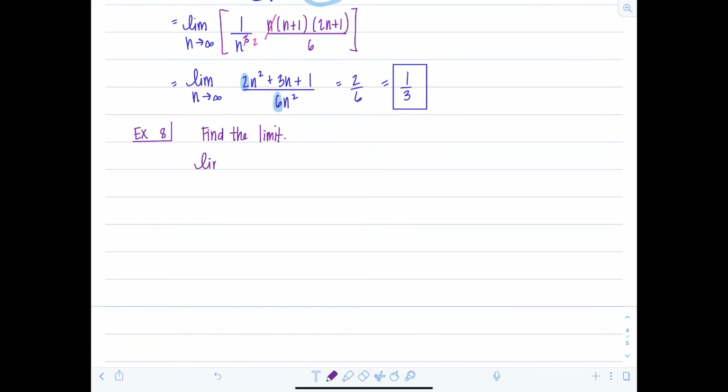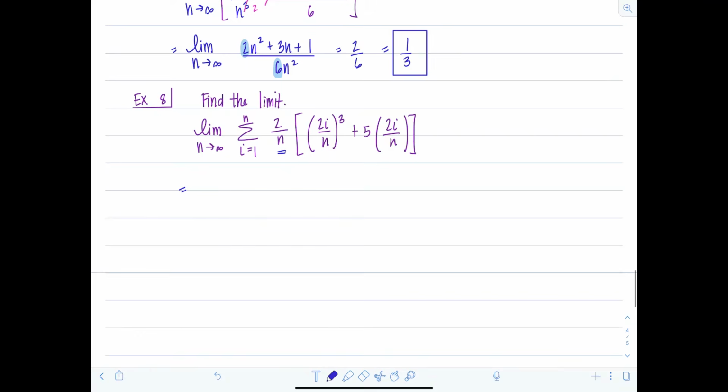So we have the limit as n approaches infinity of the sum i equals 1 to n of 2 over n times the quantity (2i over n)^3 plus 5 times 2i over n. Okay, so start the way we did last time. I'm going to take this constant outside of the sum.